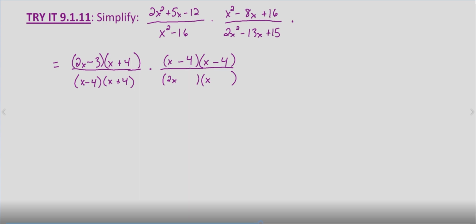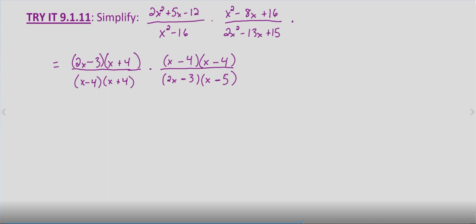So again, since it's multiplying to 15 and adding to negative 13, we know that both of these are going to be minus. Now, once again, we have to use trial and error at this point to determine what the factorization is. But after a little bit of trial and error, we'll find that the factorization of 2x squared minus 13x plus 15 ends up being 2x minus 3 times x minus 5.